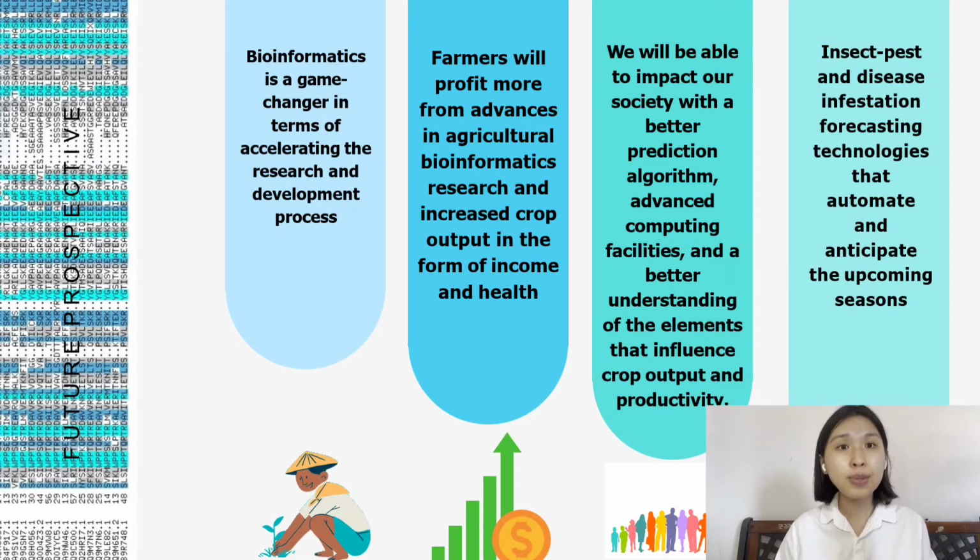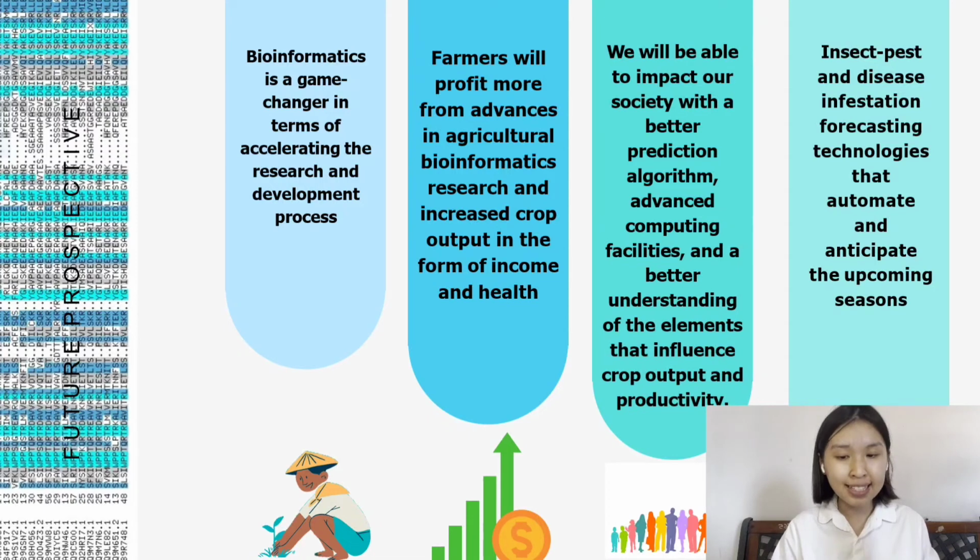Secondly, farmers will profit more from advances in agricultural bioinformatics research and increase crop output in the form of income and health. Thirdly, we will be able to impact our society with a better prediction algorithm, advanced computing facilities, and a better understanding of the elements that influence crop output and productivity.